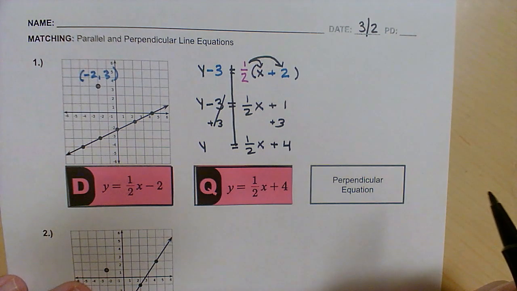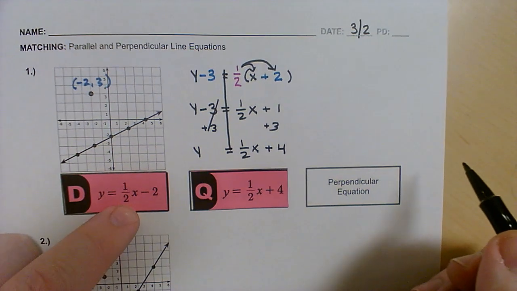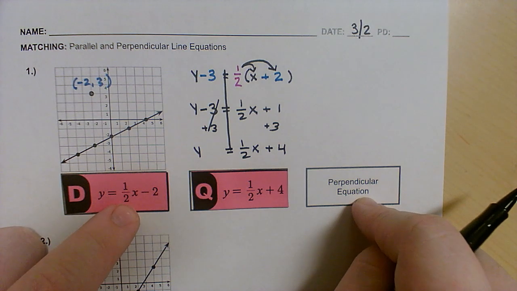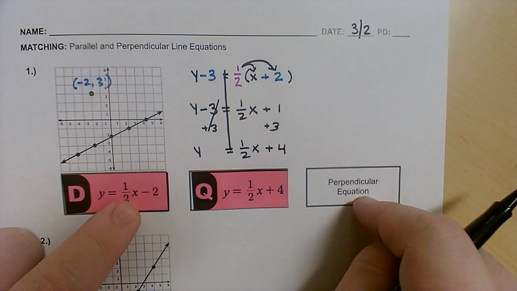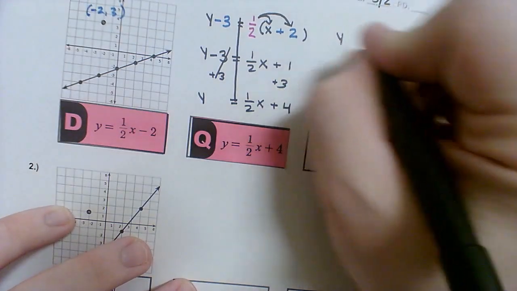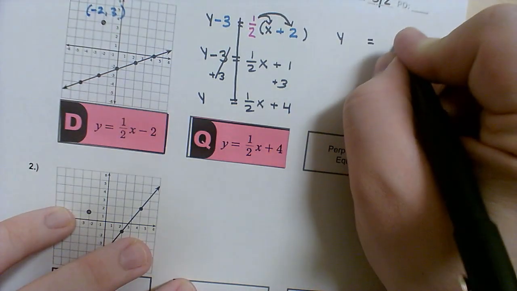Okay, for the perpendicular equation, I need the slope to be the opposite reciprocal. So it's not going to be 1/2 again. It's going to be -2. If I flip 1/2 upside down, I get 2 over 1, make it negative. So go ahead and set up our point slope form outline.